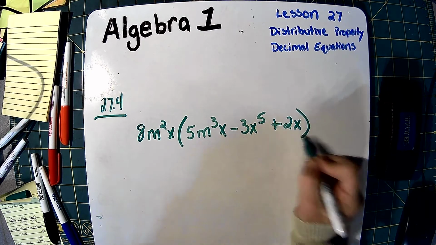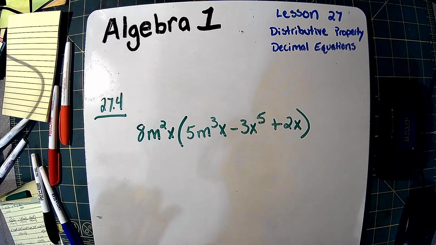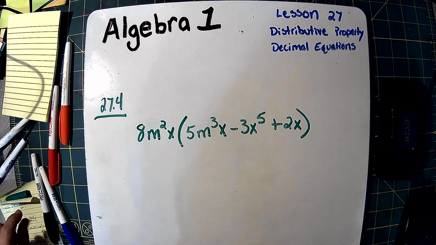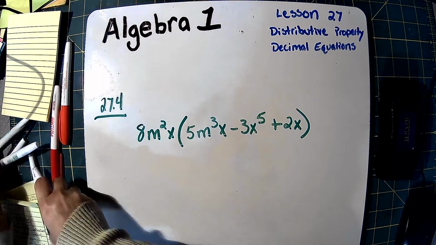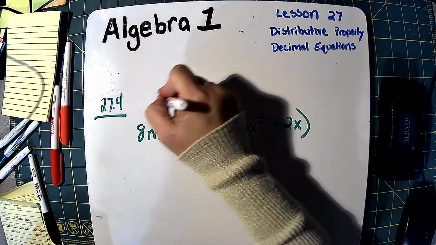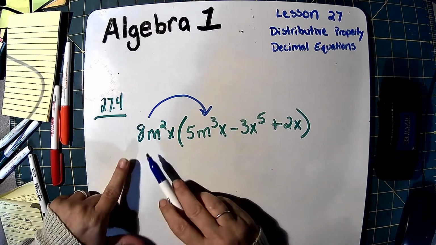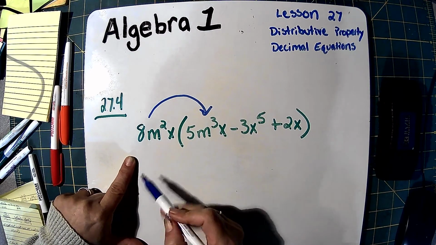Alright, so this one's a little different because it has 3 terms. I'm going to use different colored pens on this one to help you differentiate each thing that I'm doing. So this first arrow, we're going to go right here. We're going to say 8 times 5 is 40.